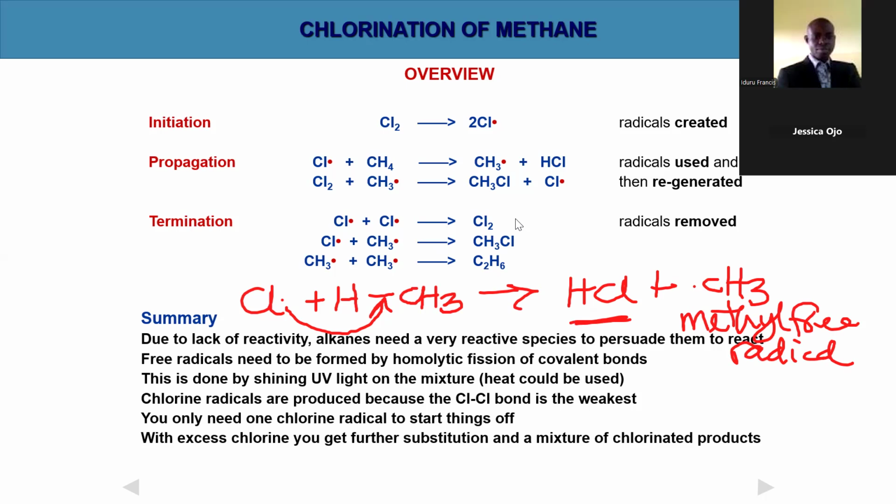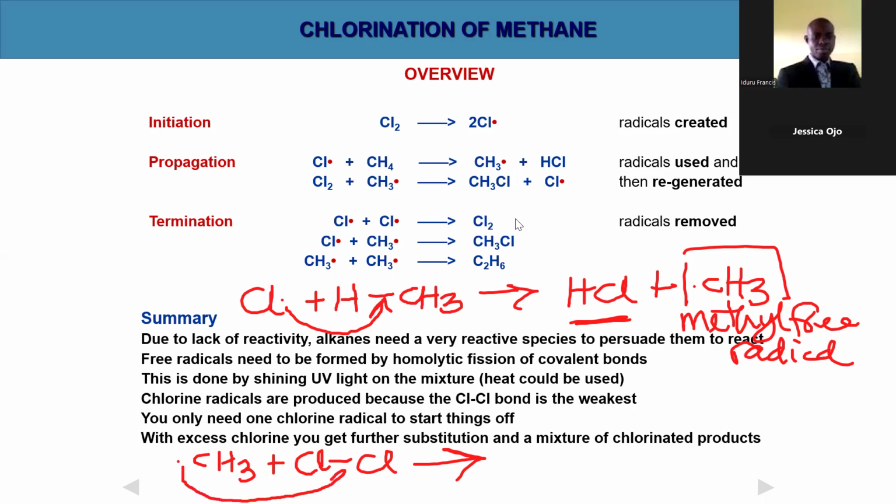This reaction continues because a free radical is still available. So the free radical being available, which is dot CH3, will now react with Cl-Cl. So the second propagation step. The arrow will come from the dot again. The arrow comes from the dot to break the covalent bond.